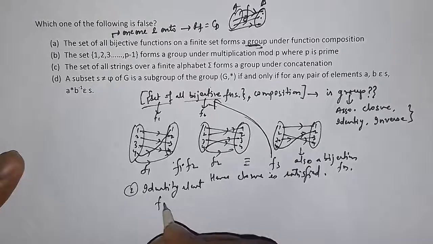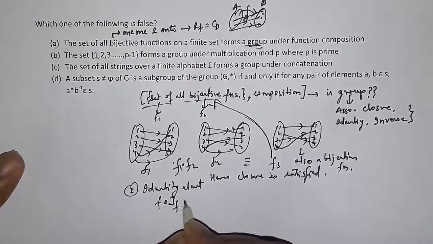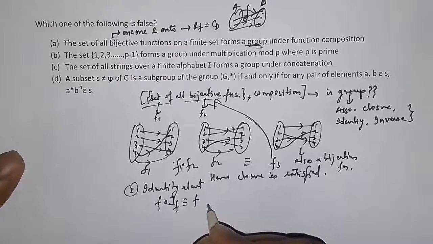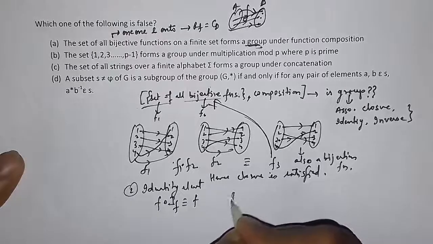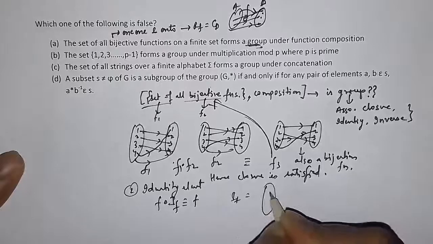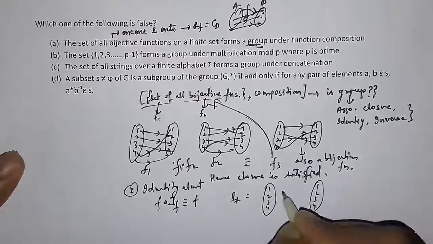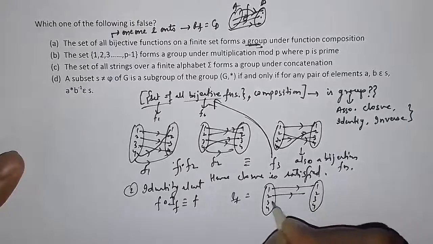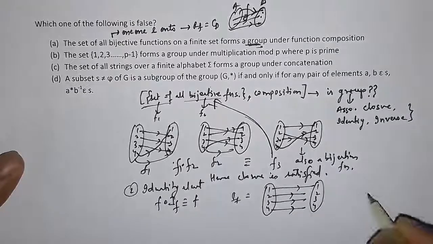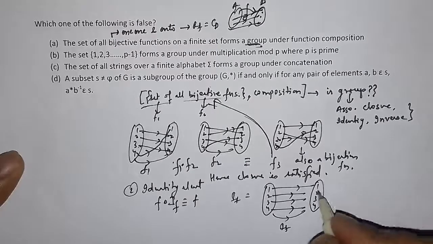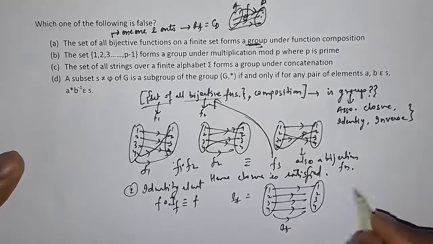A function f, when composed with identity function, the result is function f itself. So let I_f be equal to 1 2 3 4, 1 2 3 4, 1 2 3 4. This is the identity function. Let's see whether it works or not.